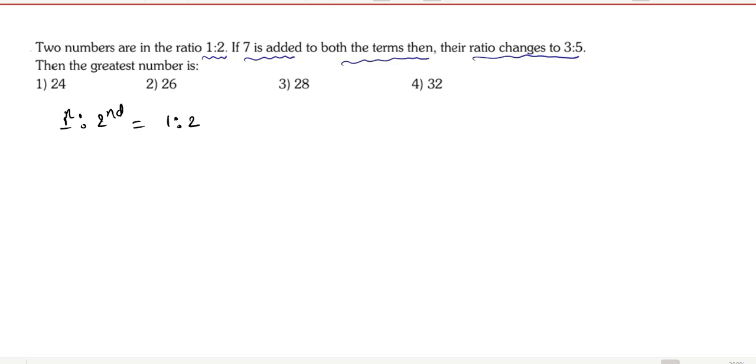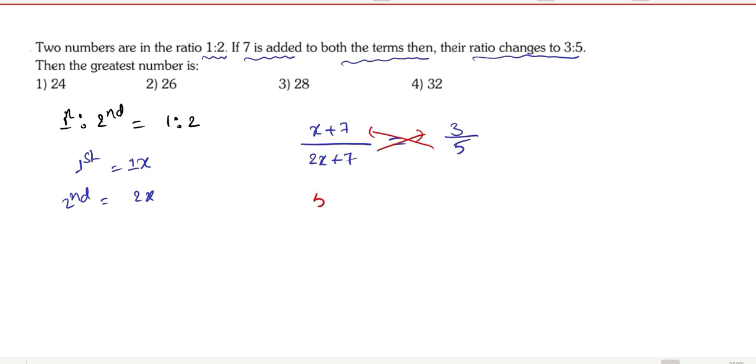So if I assume the first number as a multiple of 1, as 1x, and the second number as 2x, then adding 7 to the first number becomes 1x plus 7, and the second number becomes 2x plus 7. Then the ratio between these two numbers is 3 is to 5. That can be written as 3 by 5.